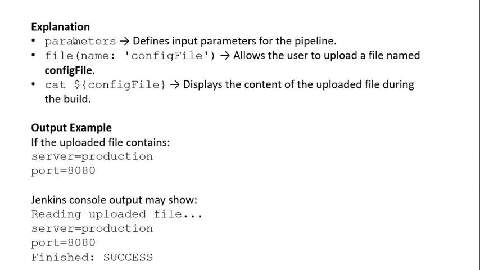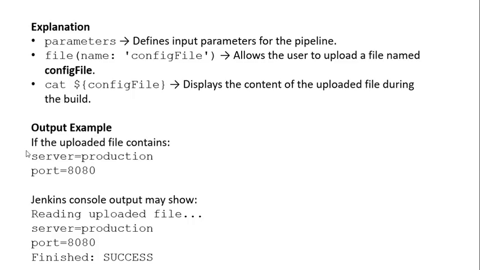And the explanation: parameters define the input parameter for the pipeline, and file name colon single quotes config file allows the user to upload a file named config file, and cat dollar curly braces config file displays the content of the uploaded file during the build.